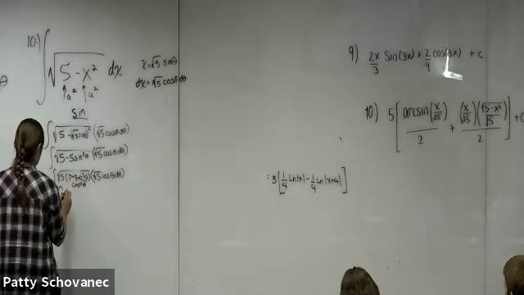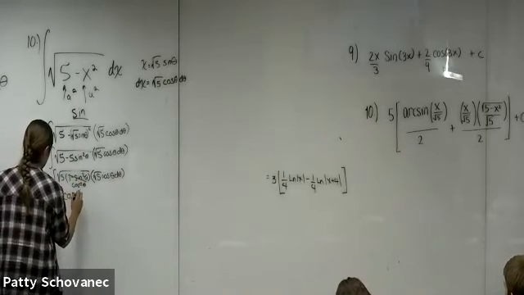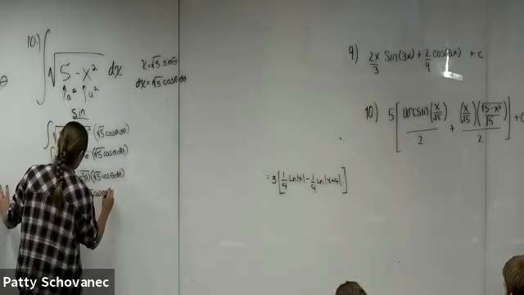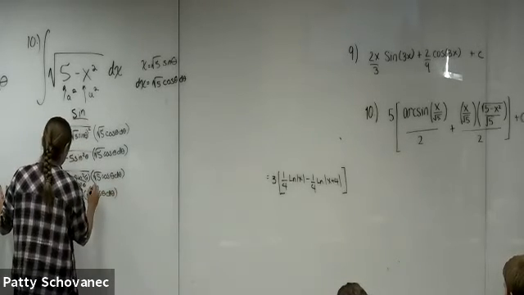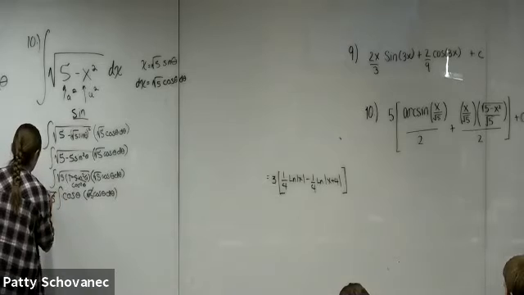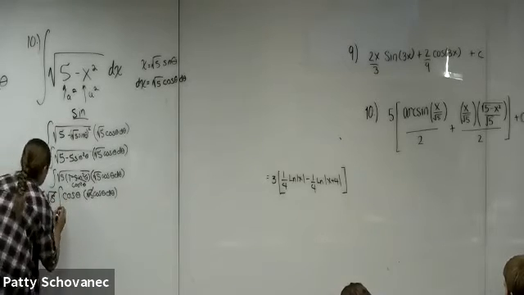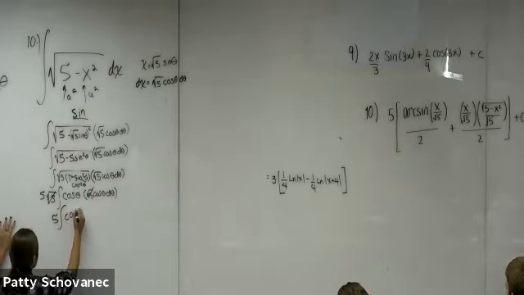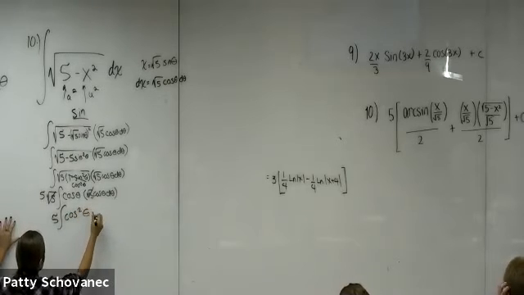So it's just going to simplify to cosine theta times the square root of 5 cosine theta d theta. And then I'm going to bring this out to the front. So just get 5 times the integral of cosine squared theta d theta.